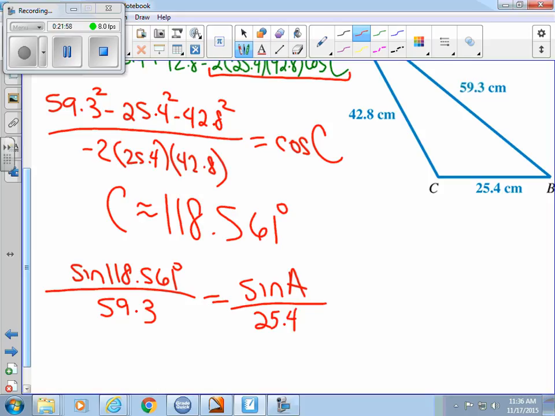Multiply by 25.4, do the sine inverse. Am I going too fast? That was this angle here. So I typed all of this in my calculator and I did cosine inverse. Try it.